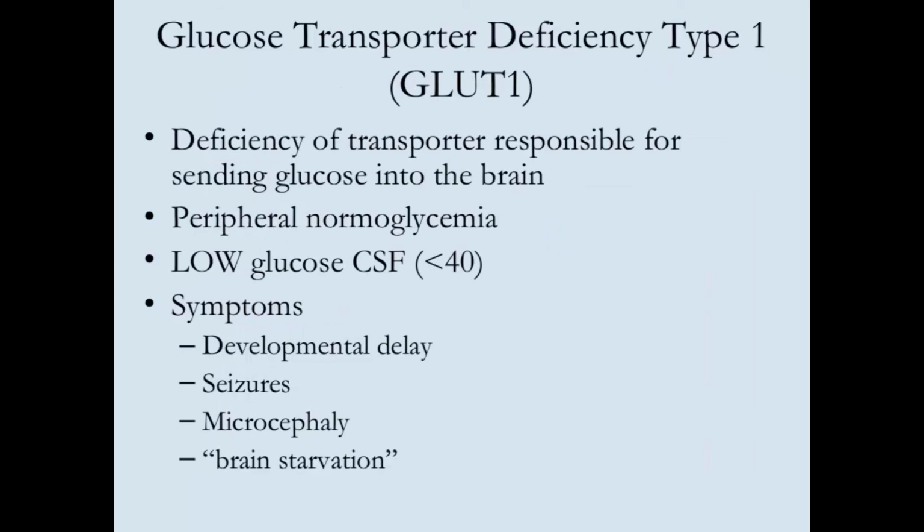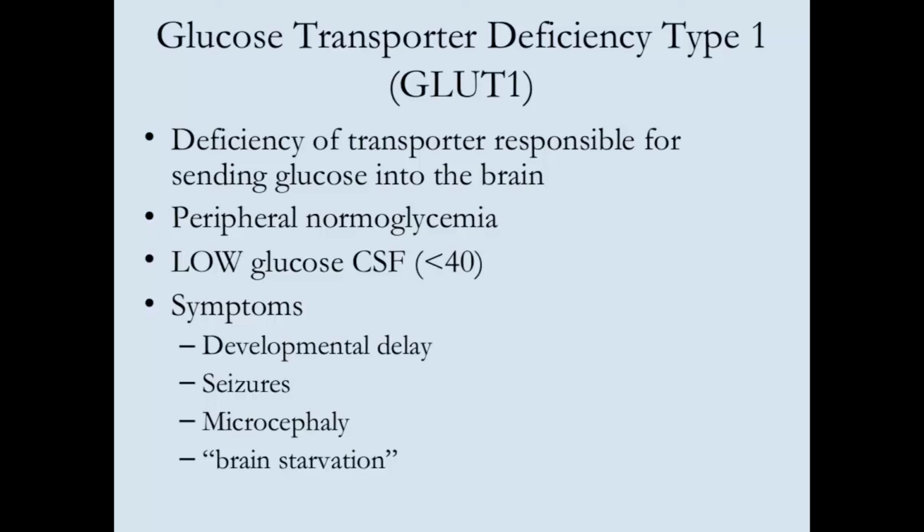Glucose transporter deficiency type 1 or GLUT1 deficiency is a very rare disorder that most people are likely not to encounter, but it basically results in the body's inability to transport glucose into the brain. So affected individuals may have seizures, developmental delay, and then periods where they act drunk or act like their blood sugar is low, but their blood sugar is actually normal.